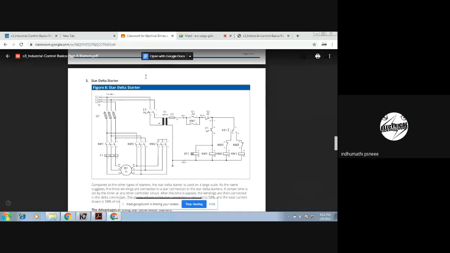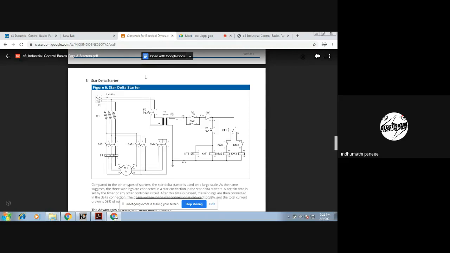Initially the starter runs in star connection. The speed gradually increases, and when it reaches 80% of the rated speed, it is converted to delta. The speed increases, the rated speed is maintained, and the starting current is also reduced.